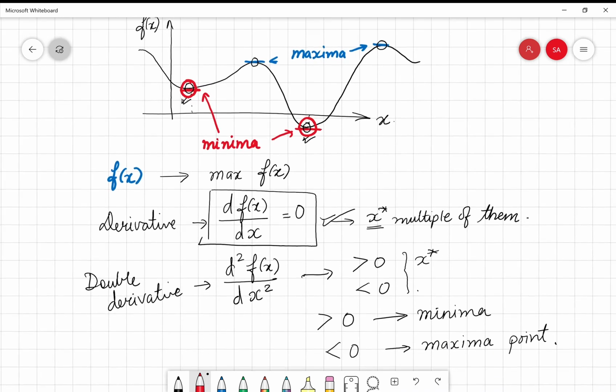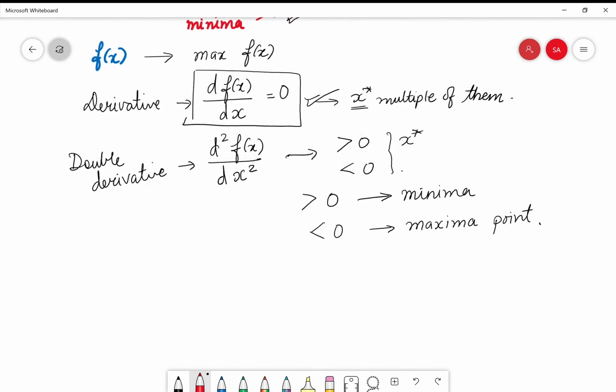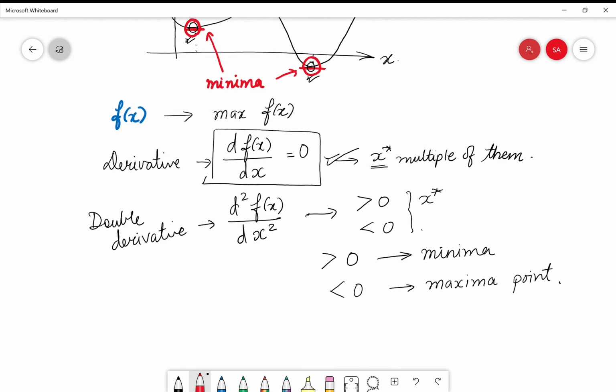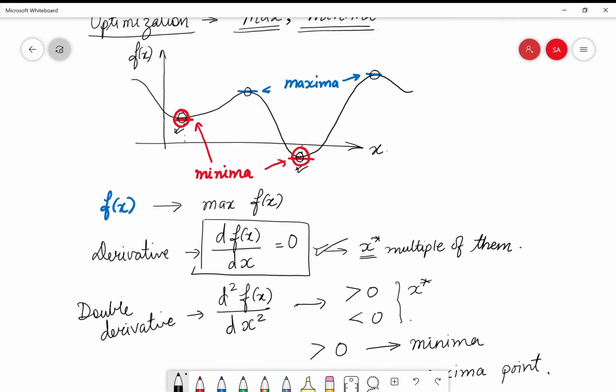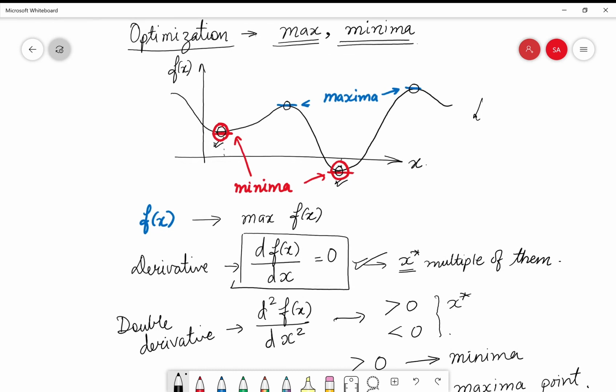What I am interested in is to find not a local minima but a global minima. There are two kinds of concepts here. One is called a local optimal point. The other is called a global optimal point.